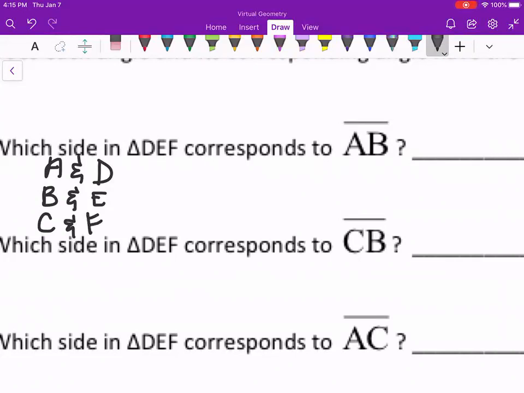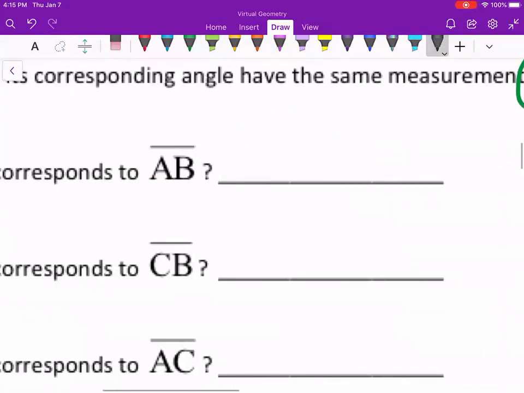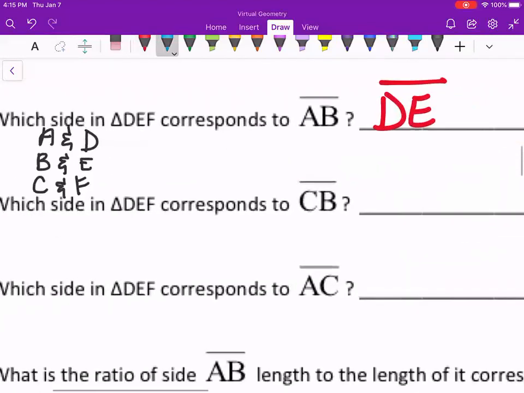So triangle DEF, which side will correspond to AB? That would be segment DE. And then if I do segment CB, again, I can use those letters. CB is the third and second letter. FE has to match. Order is important here. And then our last one, A to C is first and third letter, so it's got to go with D and F.